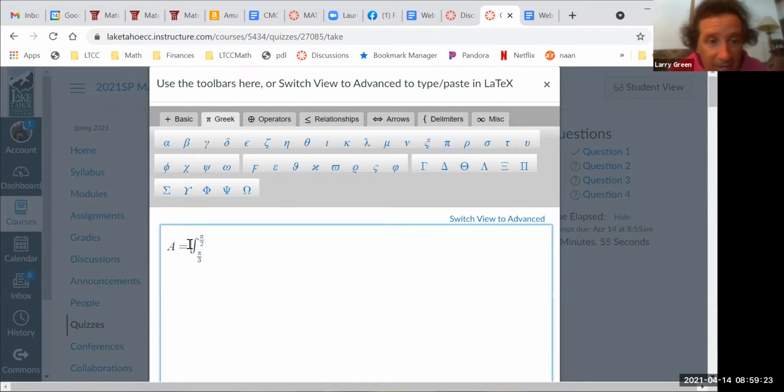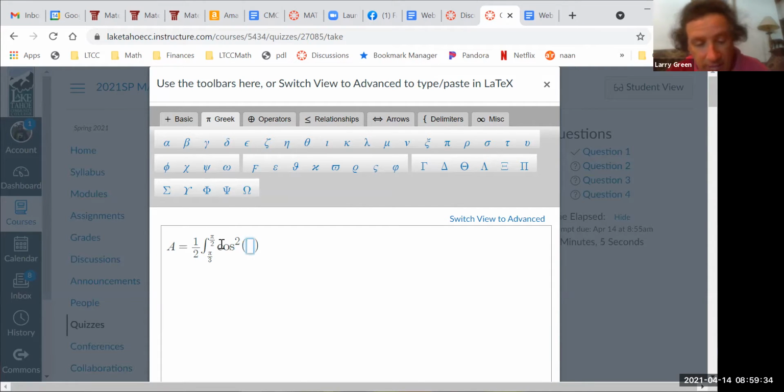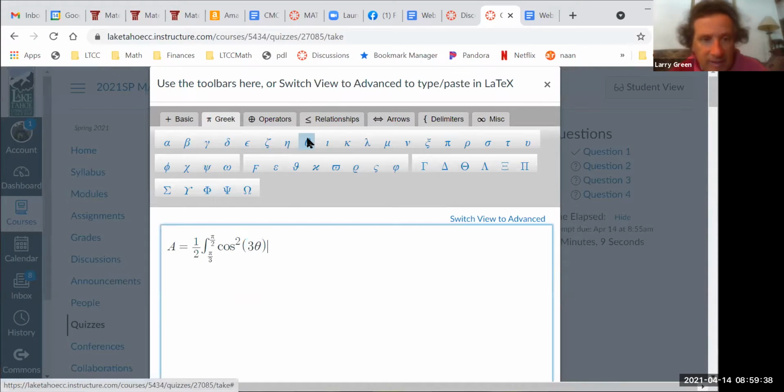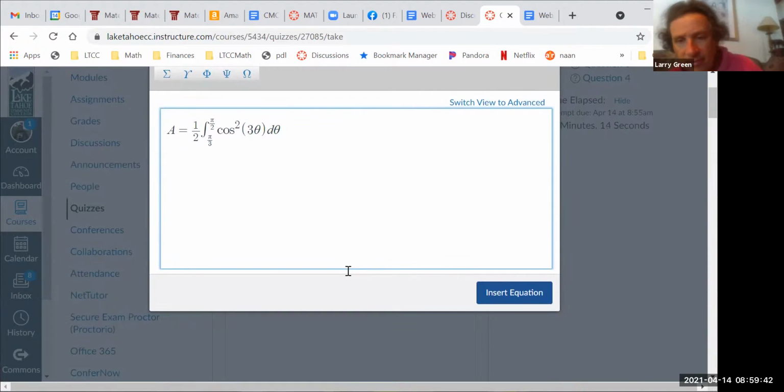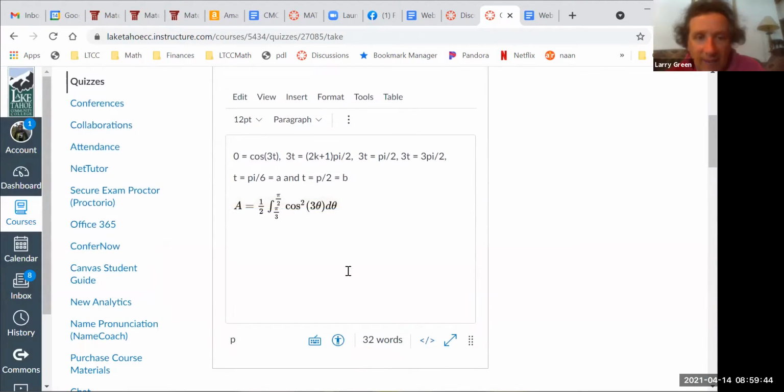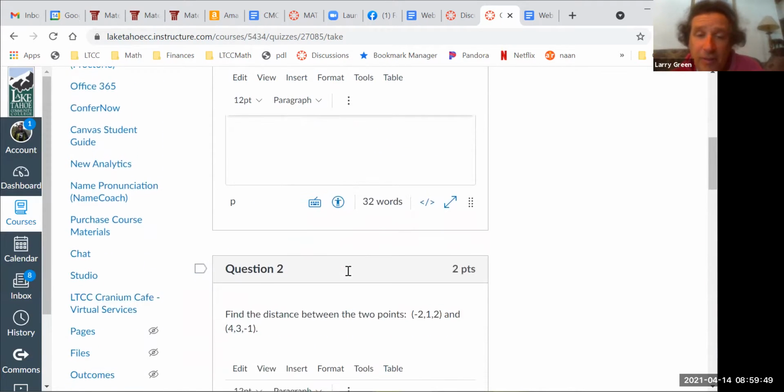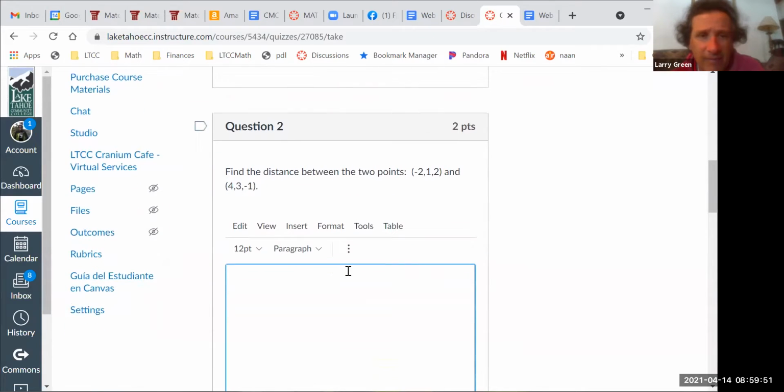And usually you throw the 1/2 outside. And then you square r, so that's cosine squared of 3 theta d theta. And that's it, it's set up. Not too much to do. The hardest part again is finding a and b, but that wasn't too bad.